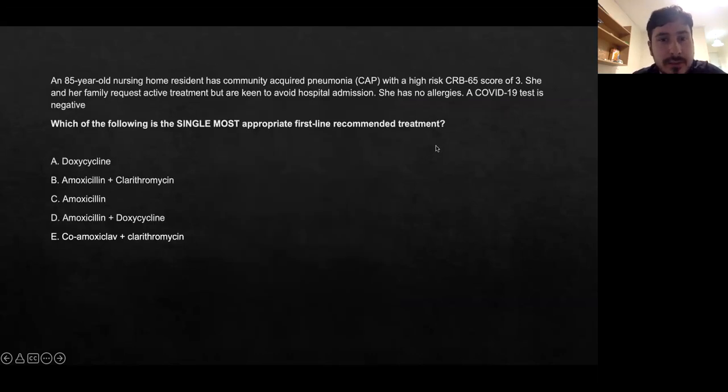So now moving on to infective presentations in RESP. An 85-year-old nursing home resident has community-acquired pneumonia with a high CRB score of 3. She and her family request active treatment, but don't want hospital admission. She has no allergies. A COVID-19 test is negative. What is the first line recommended treatment?